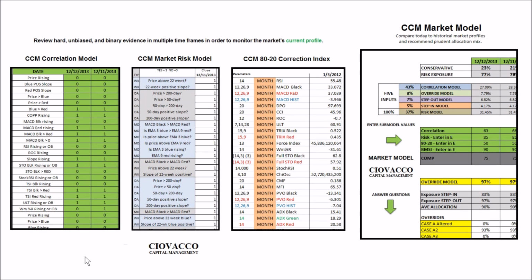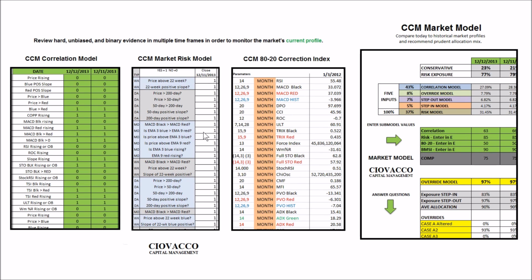Track all of this and convert it into a usable and actionable format in a reasonable amount of time. The submodels, we answer binary questions, some of them manually done, some of them programmed in Excel, and we also enter in unbiased and hard data.